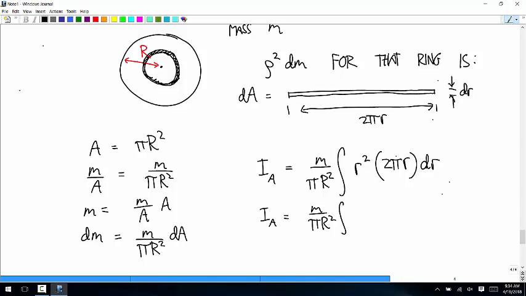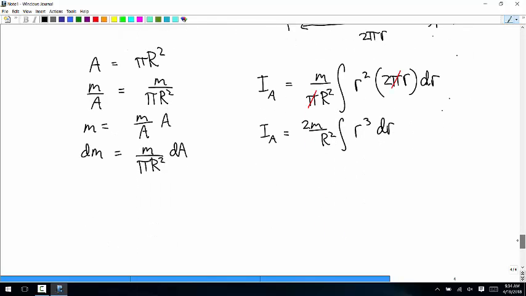We can cancel the pi's and pull the 2 out here. And then we have r cubed dr evaluated from 0 to big R.